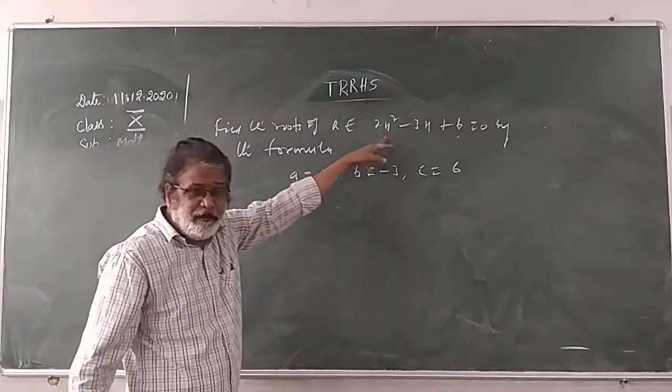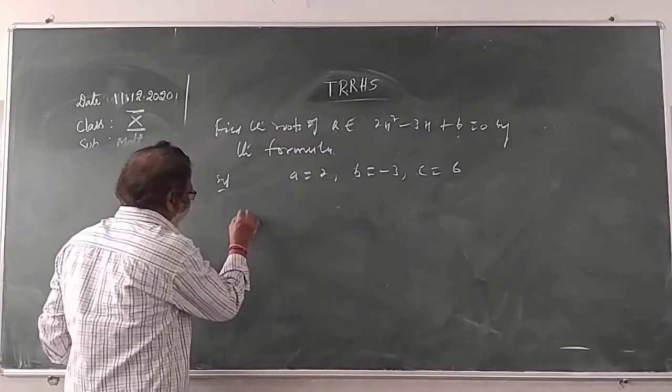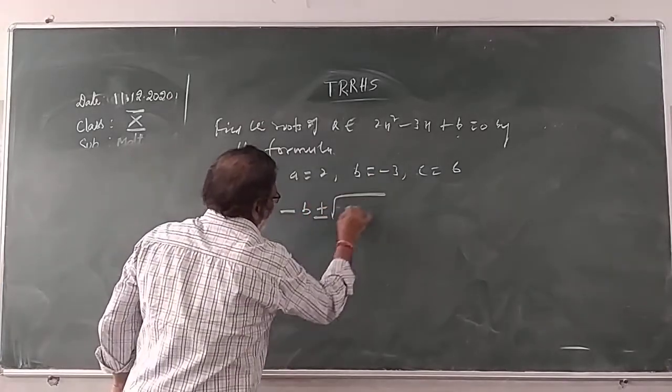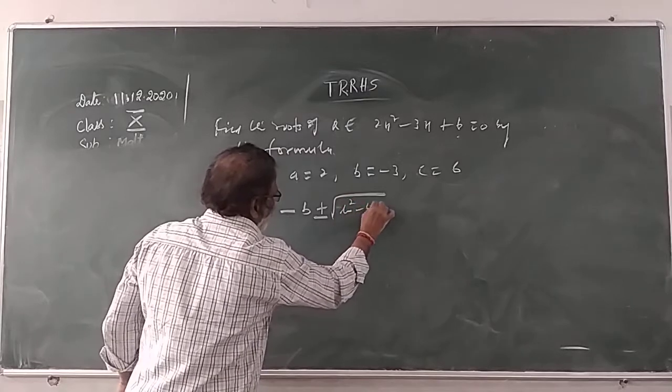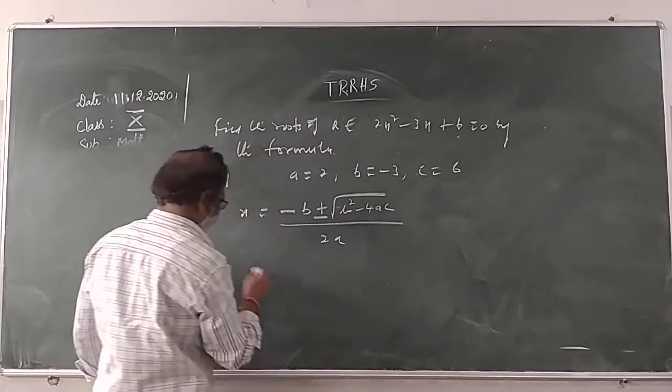The quadratic equation is in the variable x. So x is equal to the formula: minus b plus or minus under root b square minus 4ac whole by 2a.